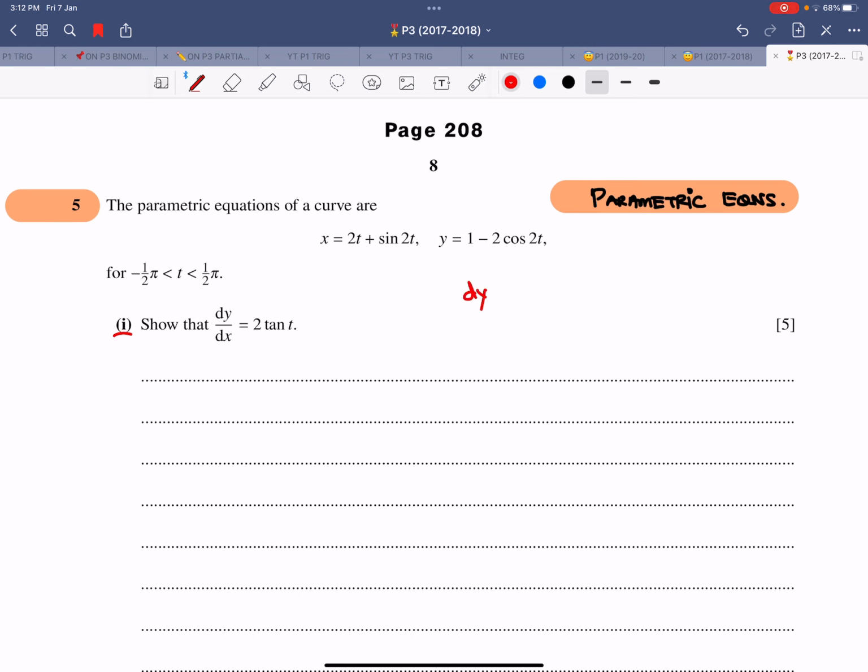Now remember the rule, dy by dt equals dy by dx into dx by dt. If I'm making this the subject, so dy by dx, that is dy by dt divided by dx by dt. Now we have x equals 2t plus sine of 2t.